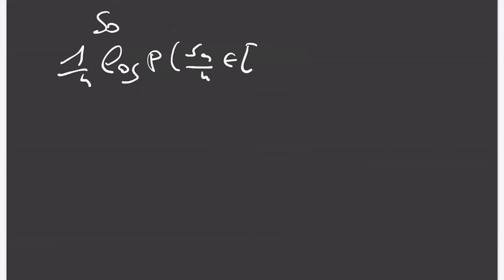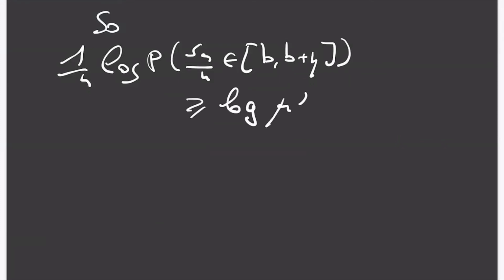So 1 over n, the log of the probability that Sn over n belongs to the interval around b is larger than the log of the measure of point b.